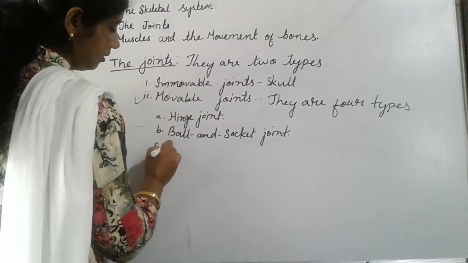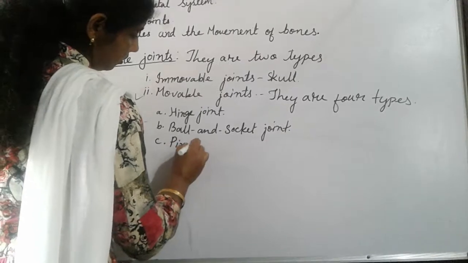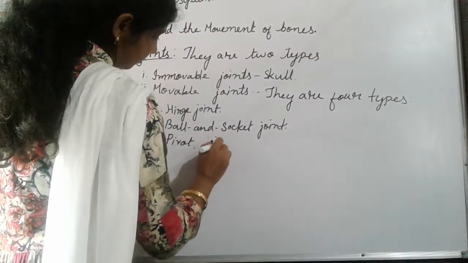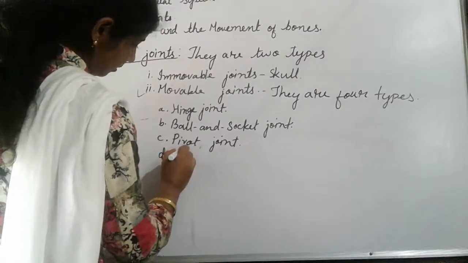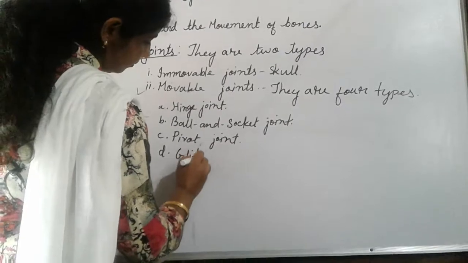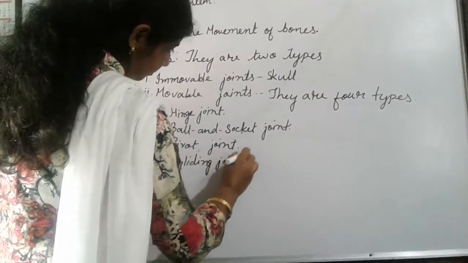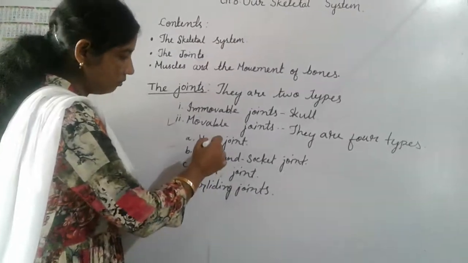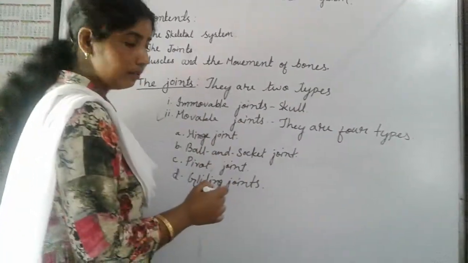C, pivot joint. D, gliding joint. So let us know all these kinds of movable joints one by one.